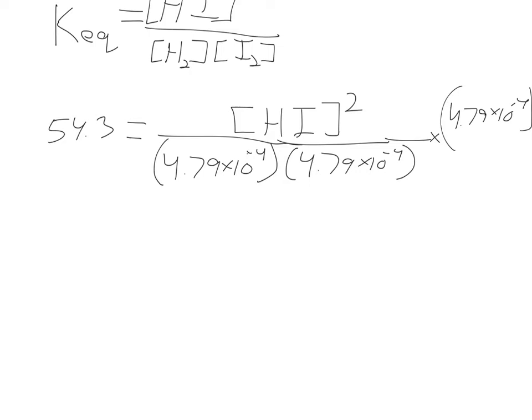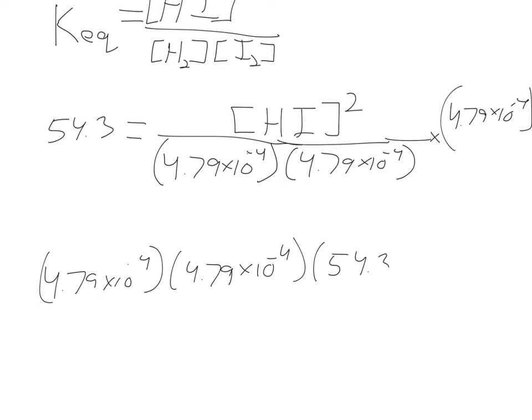So what I'll eventually get is 4.79 times 10 to the minus 4 times 4.79 times 10 to the minus 4 times that 54.3, and that will equal my concentration of HI squared.